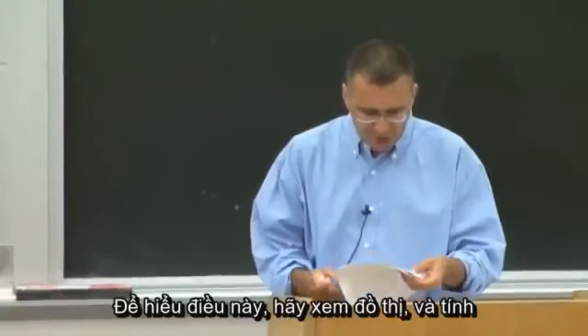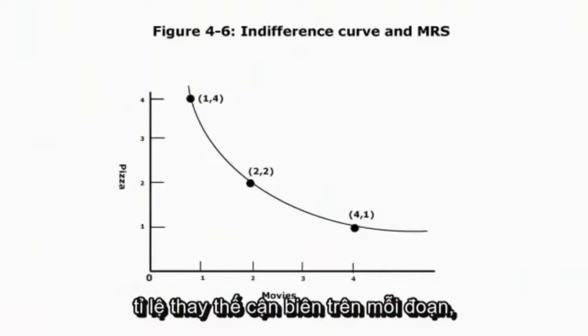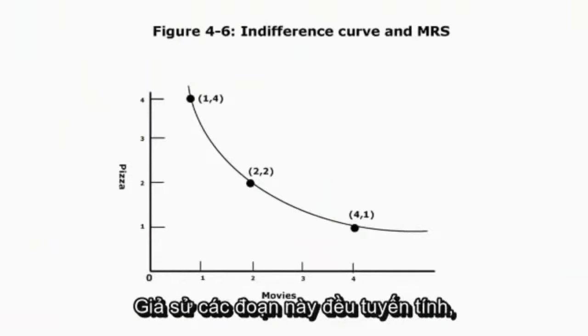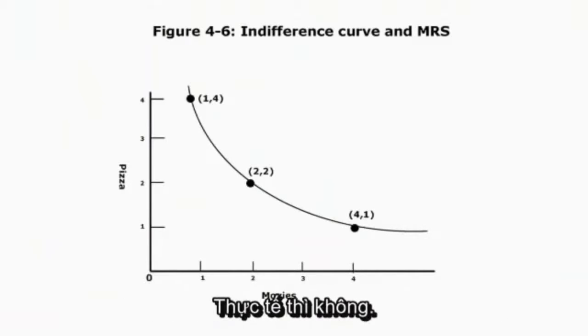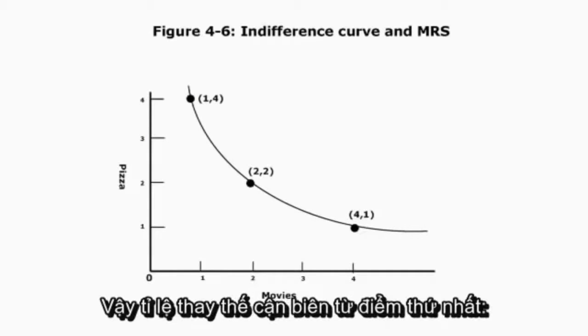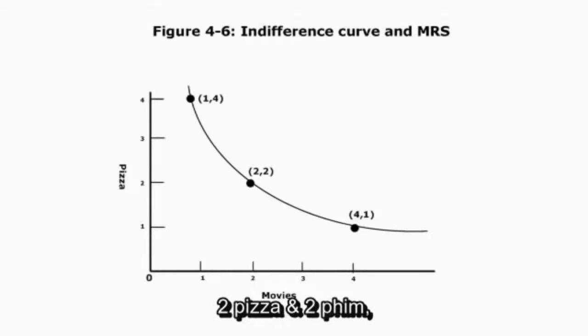Okay? So to see that, look at this graph, and let's compute the marginal rate of substitution along each segment. Let's localize. Imagine the segments were linear. Imagine we had two linear segments between these points. We don't. But imagine for a second we did. So the marginal rate of substitution from the first point, 4 pizzas and 1 movie, to the second point, 2 pizzas and 2 movies, is -2.